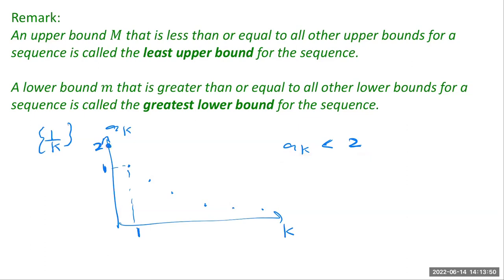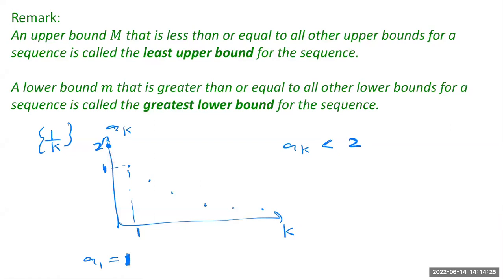But even if you take 1.5, 1.5 is also an upper bound, because a_1 is the biggest term, which is 1. The second term is a little less than that, the third term is even less than that, and so on and so forth. So 1.5 is an upper bound. Even 1.2 is an upper bound.